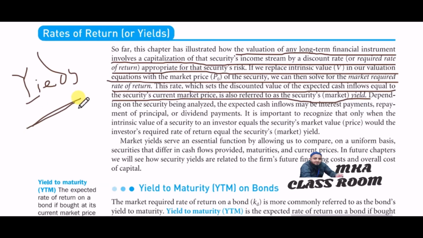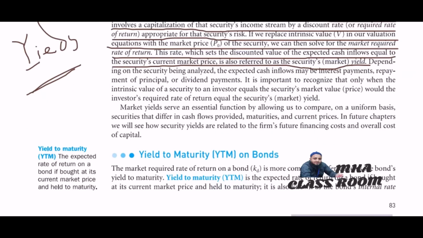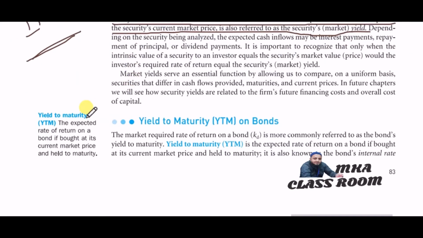Firstly, we will see yield to maturity. Yield to maturity is the expected rate of return on a bond if bought at its current market price and held to maturity.